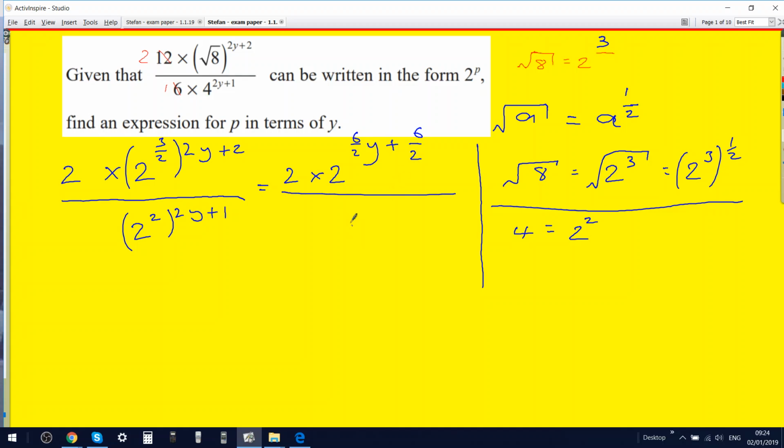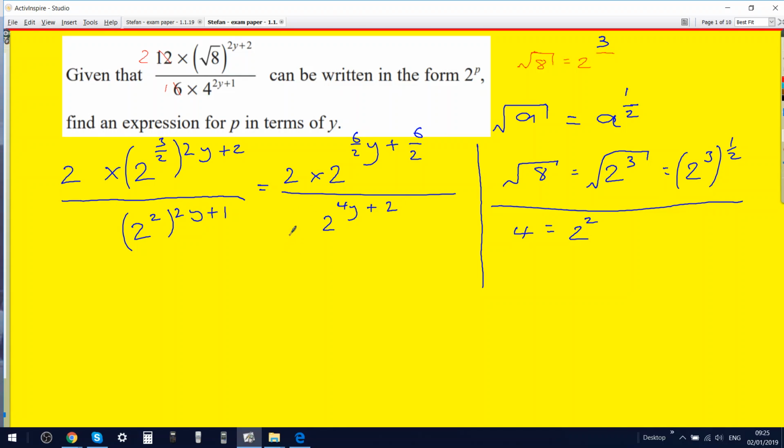Yeah. And then 2 squared is going to be 2 to the power of 4y plus 2. Yeah. Anything you can do there?